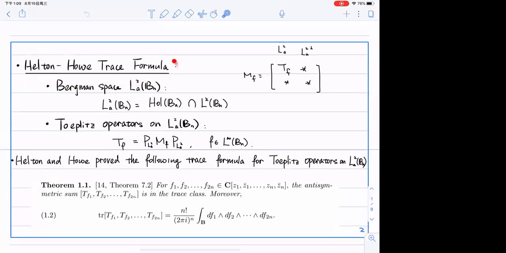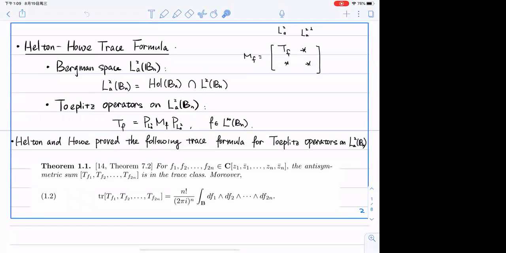Helton-Howe trace formula. To start with, we are looking at the Bergman space on the unit ball of C^n. That means you take all the holomorphic functions inside the L2 of B_n with the Lebesgue measure. The Toeplitz operators are exactly the compression of multiplication operators on the Bergman space. So you have this decomposition, the Toeplitz operator is in one corner.